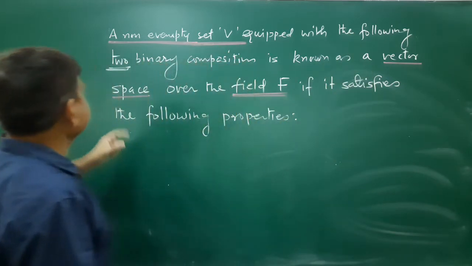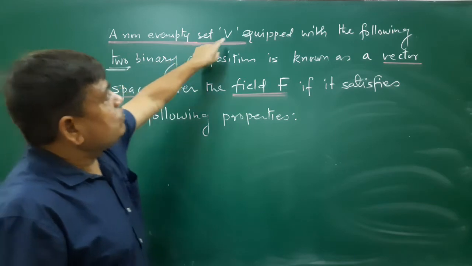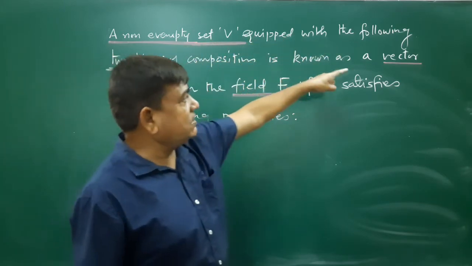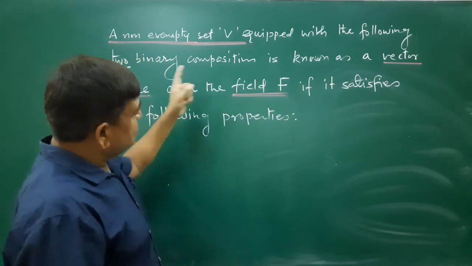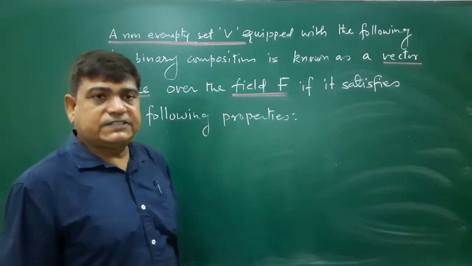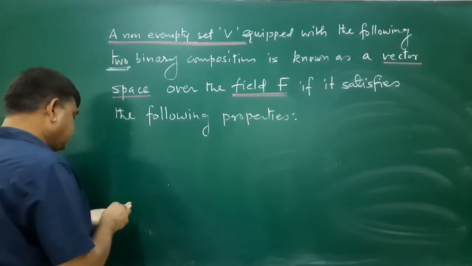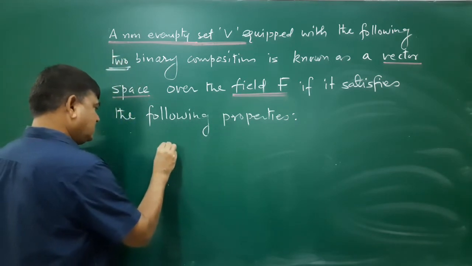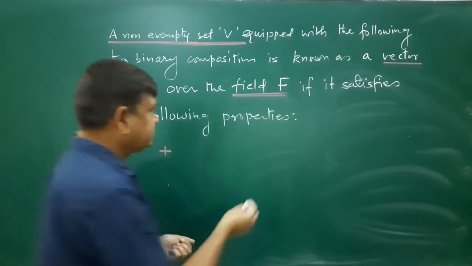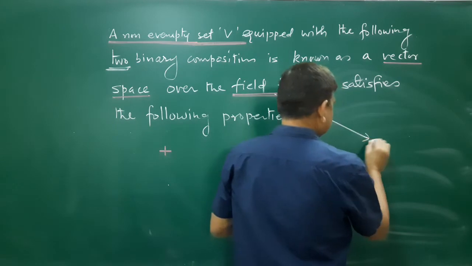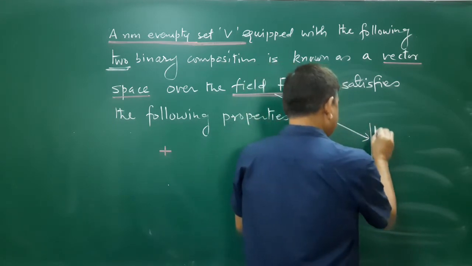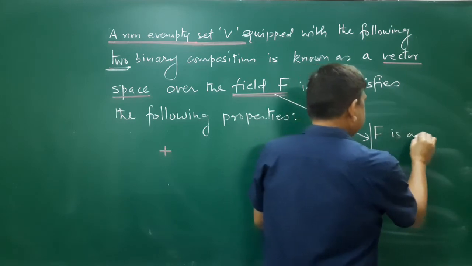So here it is, a non-empty set V equipped with the following two binary compositions is known as a vector space over the field F if it satisfies the following properties. Now the first operation, plus, but remember F is a field.